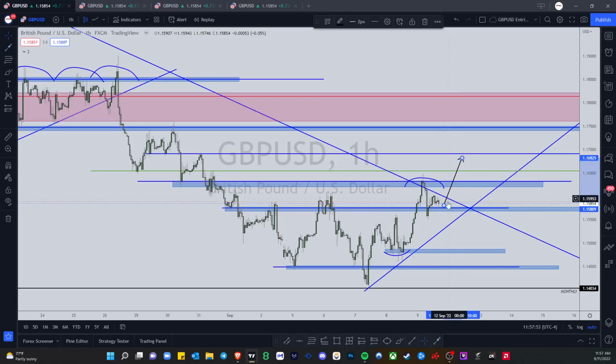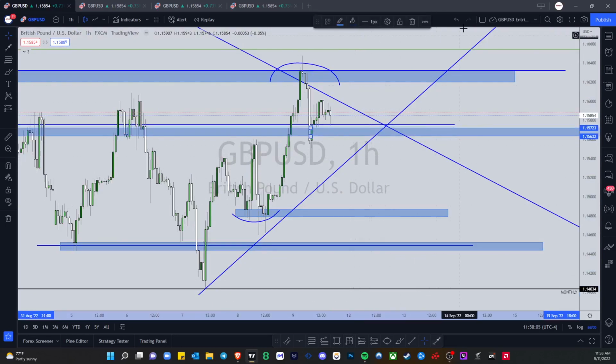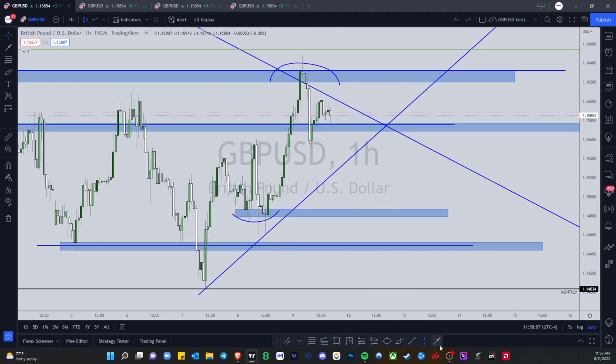When it breaks, then I'm looking for buy, and if it doesn't, then I'm just sitting on my hands until this trend line right here breaks, right? This blue, if it breaks, then I'm looking for sell. If not, then I'm just sitting on my hands until price does something to get out of those two areas.